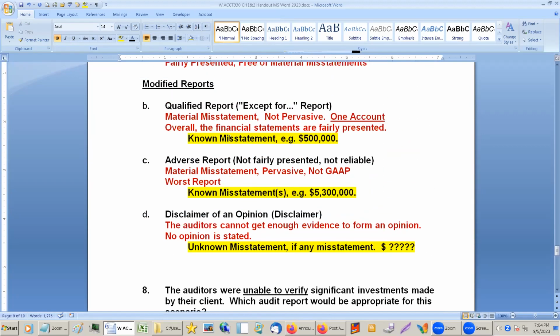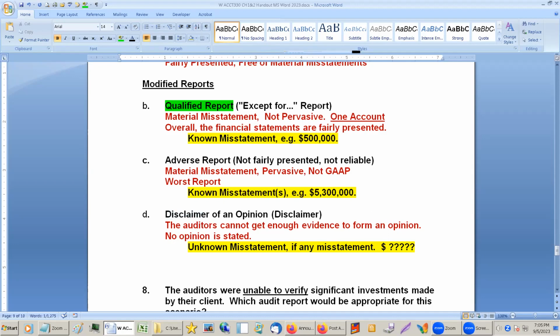Coming back up here, of the modified reports, the best one to get is this one. If they can't verify the investments, they say, okay, except for these investments, which could not be verified, everything's okay. Notice that's better than a disclaimer.